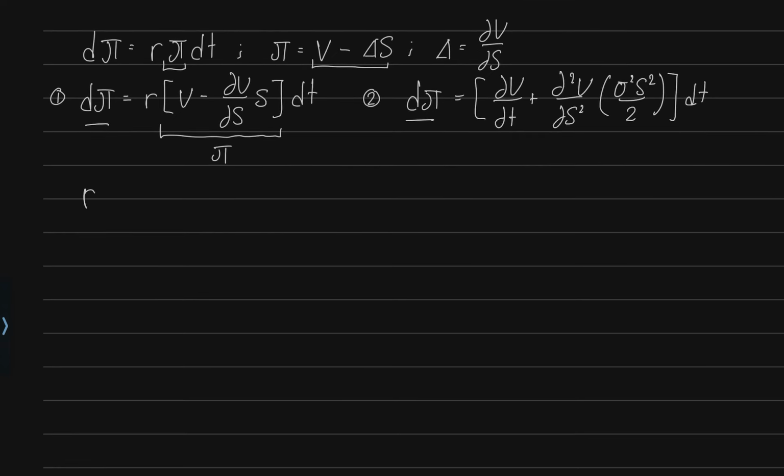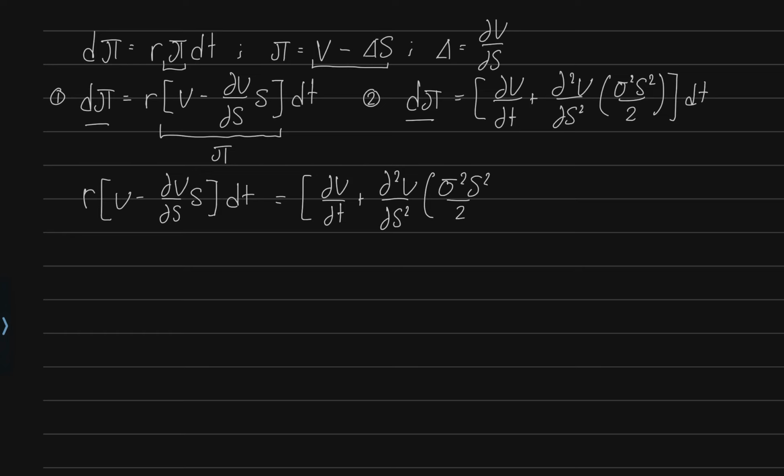So if I were to do that, I would say on my left-hand side, I would have r v minus the partial derivative of v with respect to s times s, all of that times dt. And on the other side, I would have my partial v, partial t, plus my second partial derivative, times sigma squared s squared over 2, all multiplied by dt.